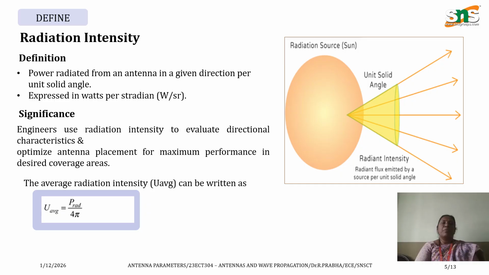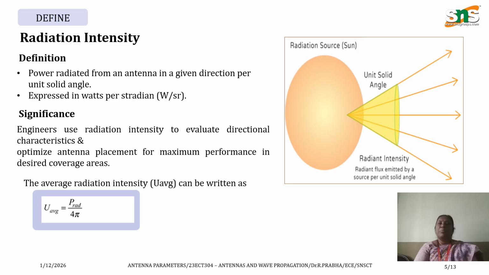So the first parameter in the define part is the radiation intensity. This gives the power radiated from an antenna in a given direction per unit solid angle, and the unit is watts per steradian. Engineers use this radiation intensity to evaluate directional characteristics of the antenna and also to optimize antenna placement for maximum performance in desired coverage areas.